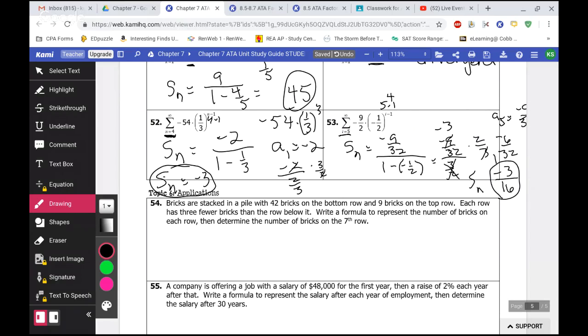Did you do it with fractions or did you do a decimal? I did decimal, and I got... Okay, what is the decimal? It's negative 0.1875. Okay, the iPhone's not cooperating.